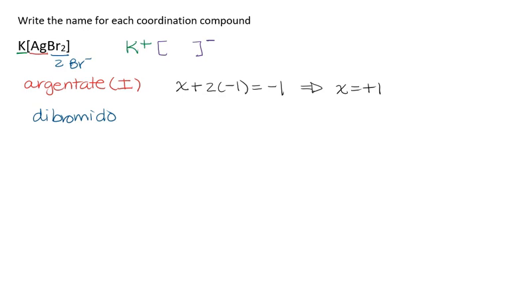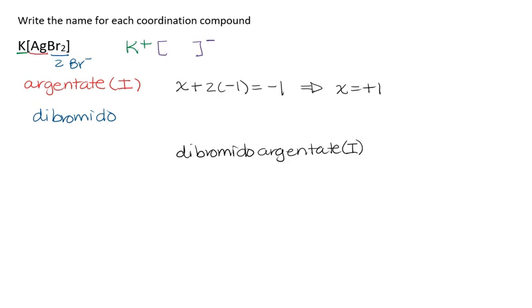Let's go ahead and put together the name of the complex. I only have one ligand. Ligand goes first, then metal ion. So it's dibromidoargentate(I). That's my anion.